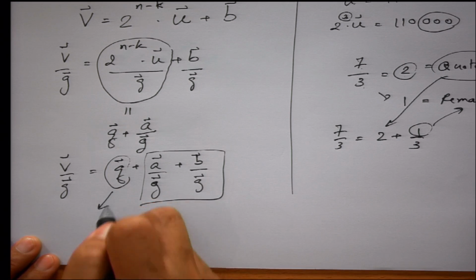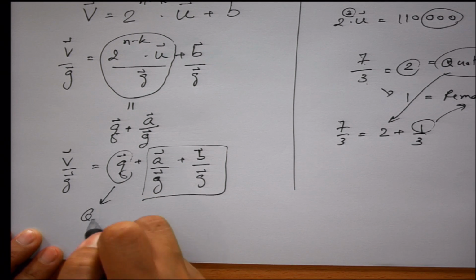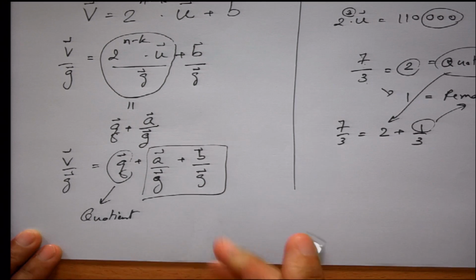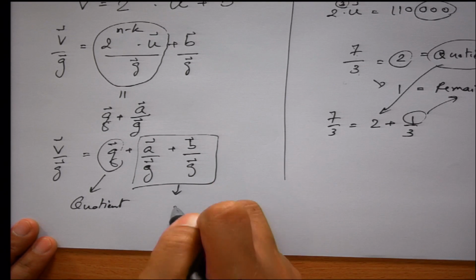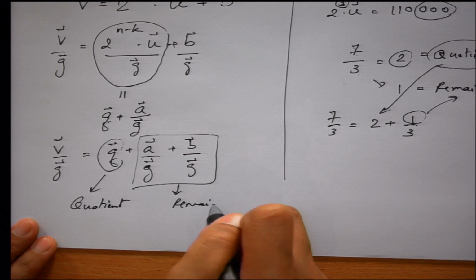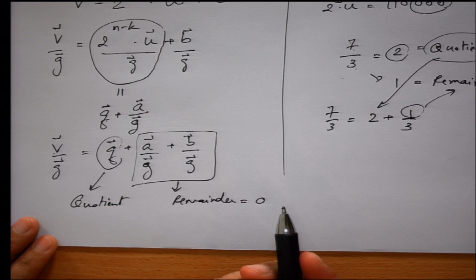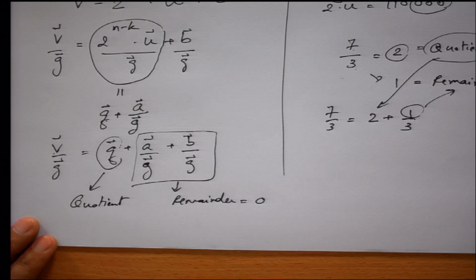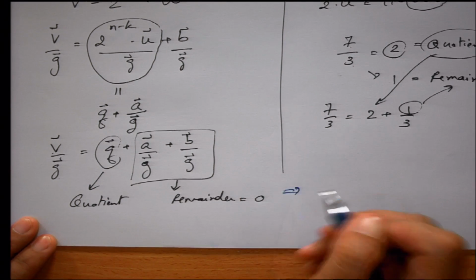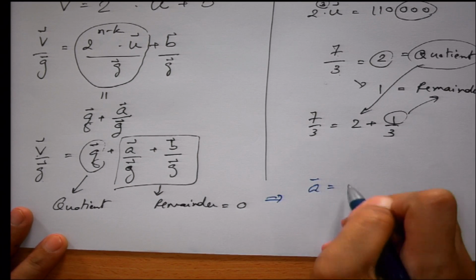So this is the quotient, and you want the remainder to go to 0, because you want this to be exactly divisible with no remainder. To have this equal to 0 means that A equals B.